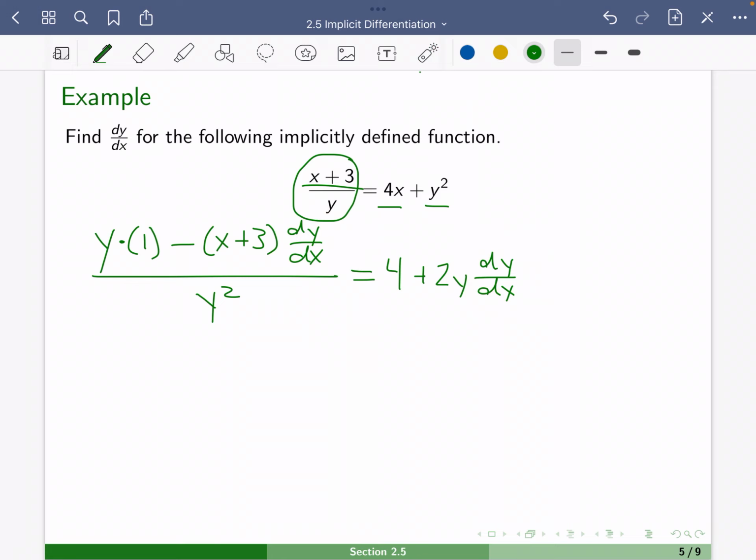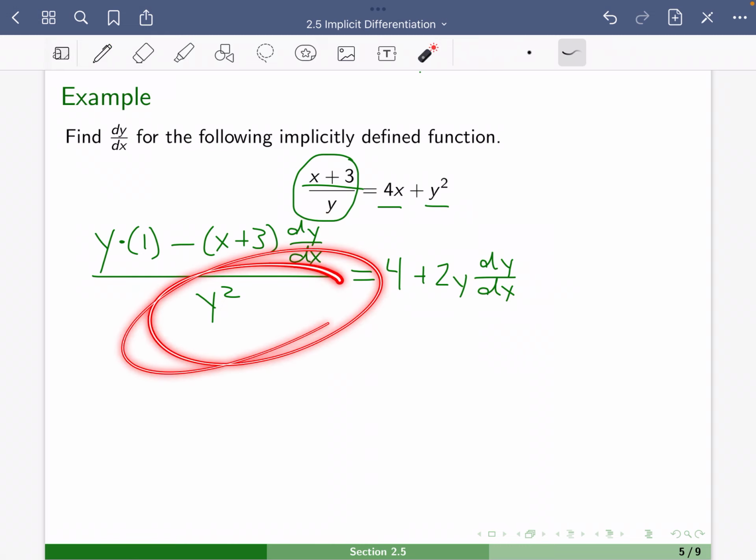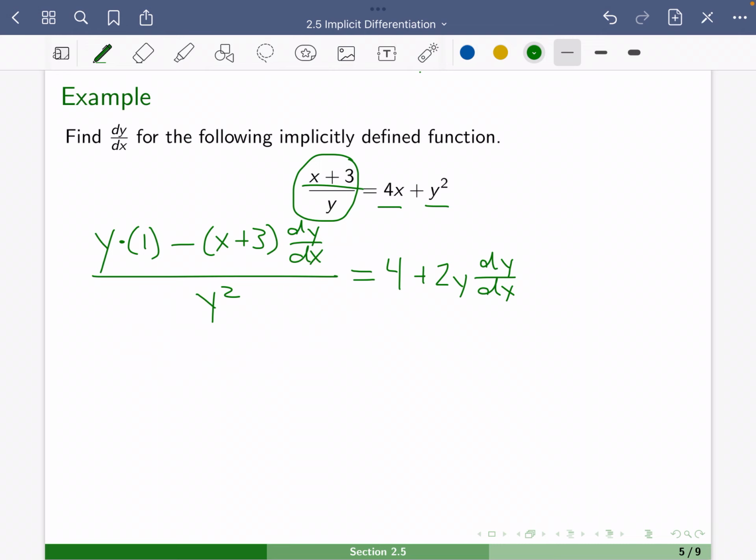So first, I'm going to multiply both sides by y squared to get rid of that fraction, to get rid of this denominator on the left. So we have y minus (x + 3) dy/dx equals 4y squared plus 2y cubed dy/dx. Now I'm going to move anything that has dy/dx to one side, anything that does not have dy/dx, I'm going to move to the other.